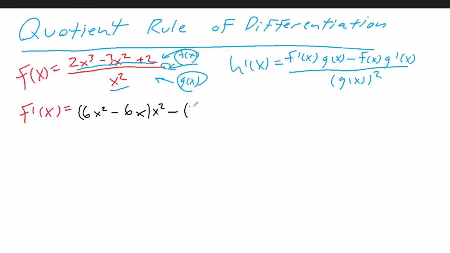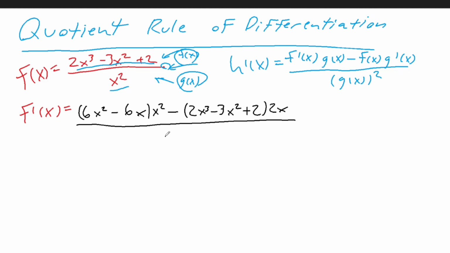So that is 2x cubed minus 3x squared plus 2 times g prime of x, or the bottom, differentiated, g prime of x. So the derivative of this is just 2x, so we're multiplying this by 2x, and then we're dividing the whole thing by g of x squared. So g of x, or the bottom, is x squared, and then squared.